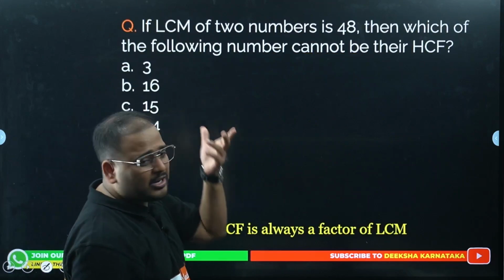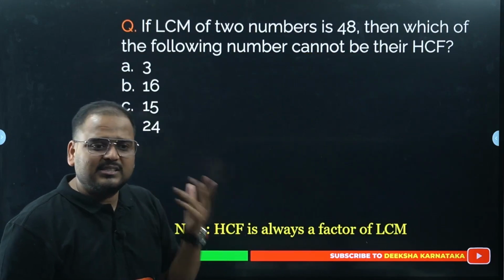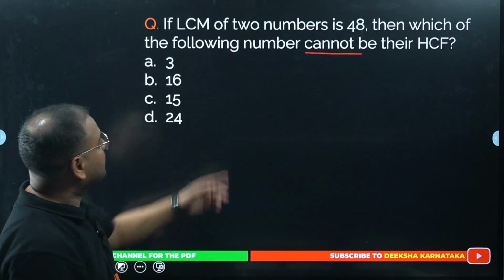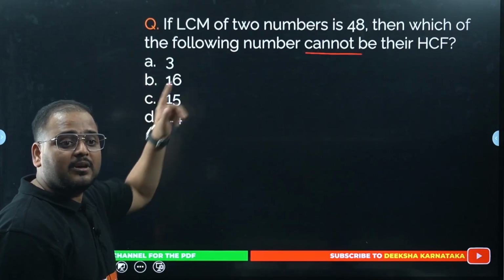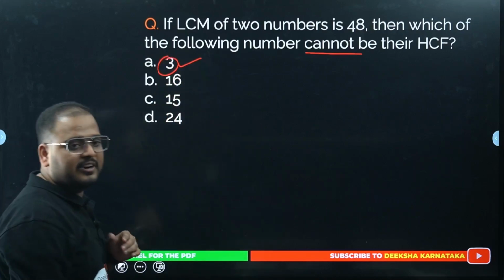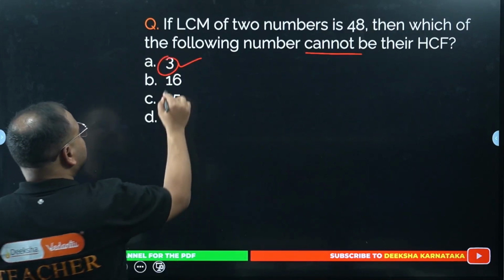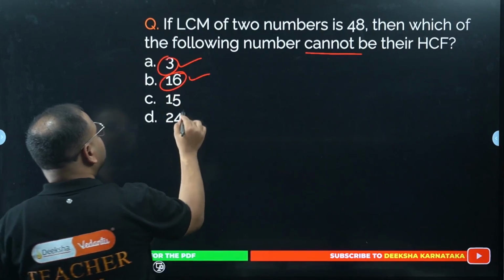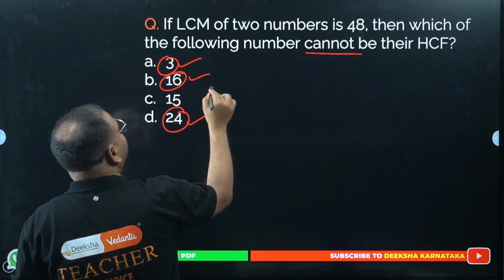So for whatever numbers, the LCM is 48, and the HCF has to be a factor of it. Is 3 a factor of 48? Yes sir, 3 times 16 is 48. 16 is a factor, yes, 16 times 3 is 48. 24 times 2 is also a factor. What about 15?